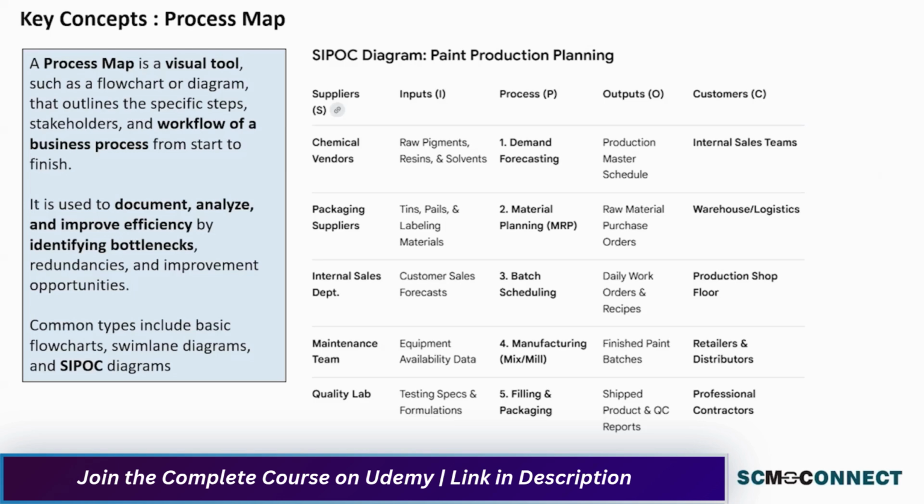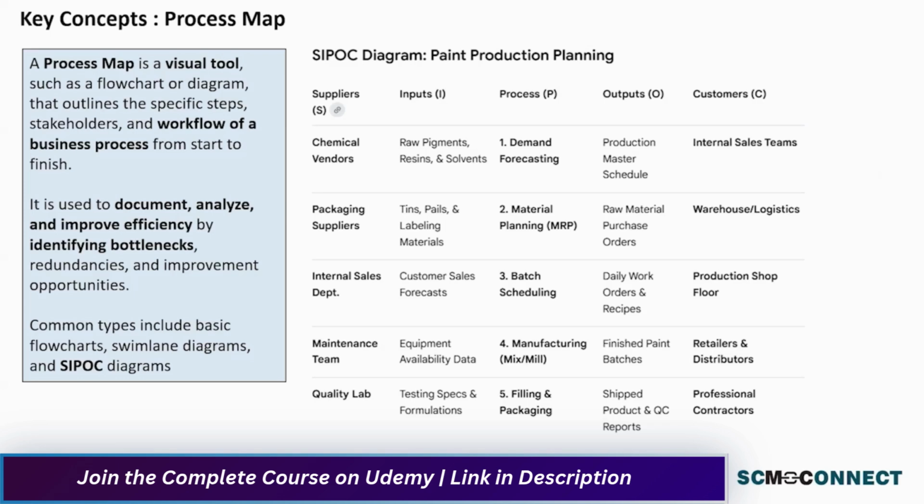The input would be raw pigments, resins, solvents, and then there would be a whole lot of process. There is demand forecasting, MRP, batch scheduling, manufacturing, finally finish and packaging. And then you'll have certain outputs, and it goes back to the customers.